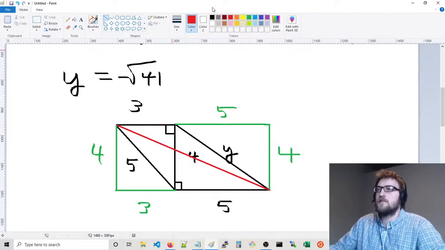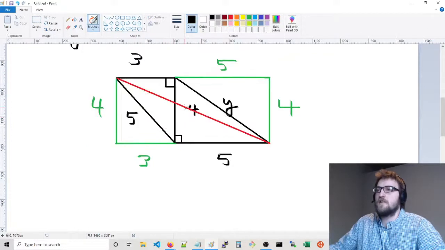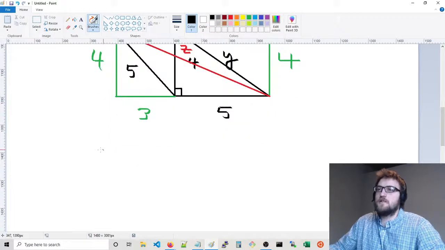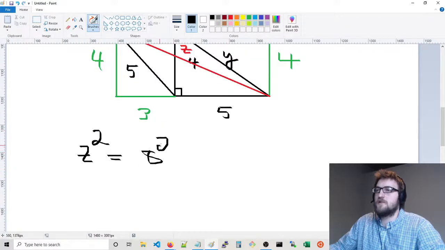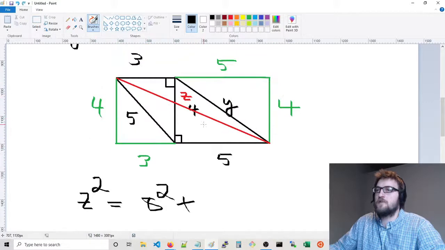And that red line, call that Z, is such that Z squared is 3 plus 5, which is 8, 8 squared, plus 4 squared, because this is a rectangle with a right angle.